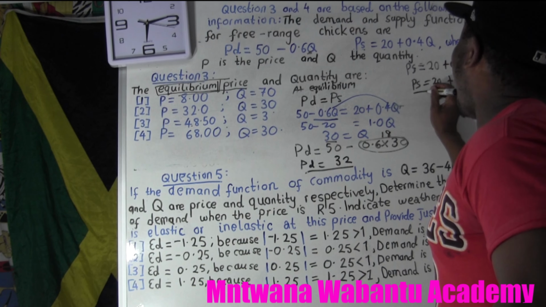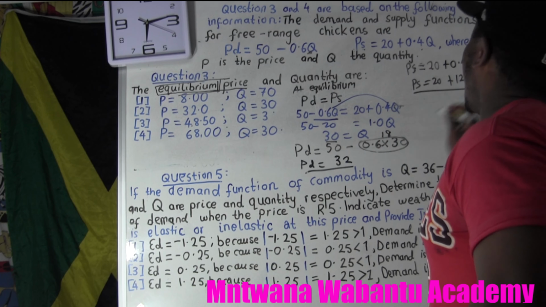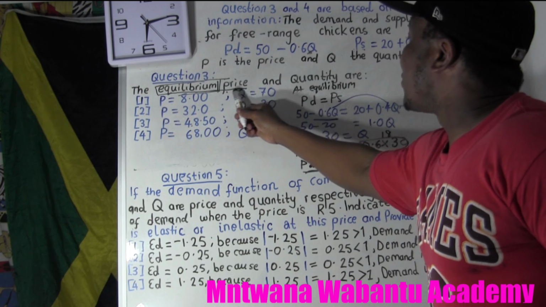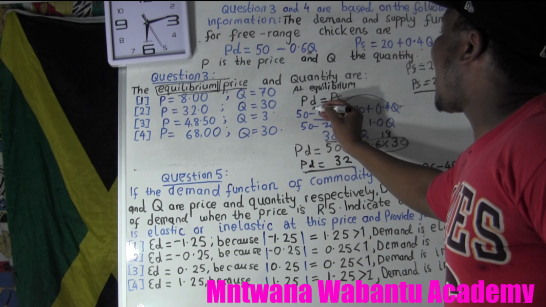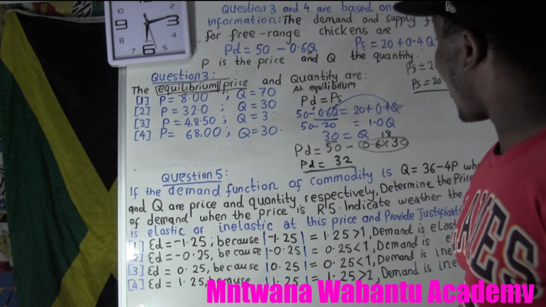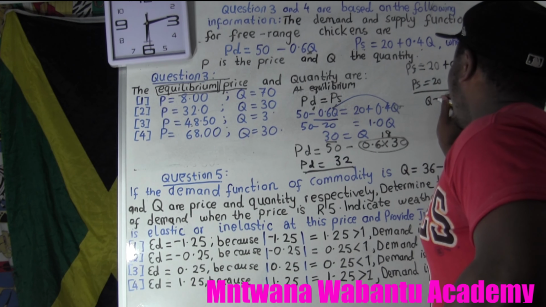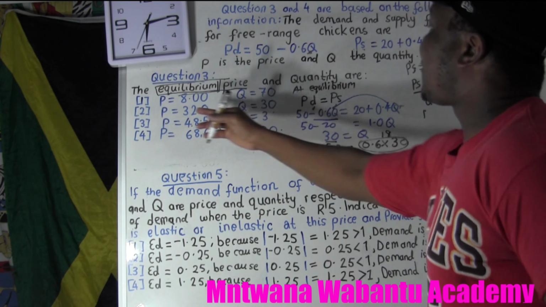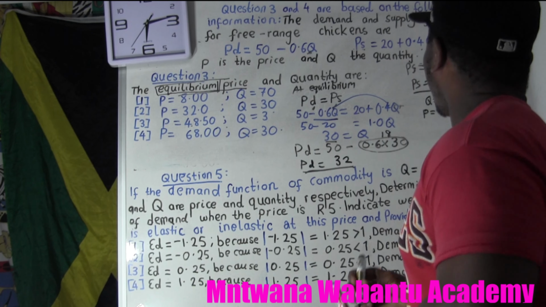So the price of supply also equals 32, and the price of demand also equals 32. Why are they equal? At equilibrium, the price of supply and price of demand are equal, and the quantity equals 30. So what is my price?